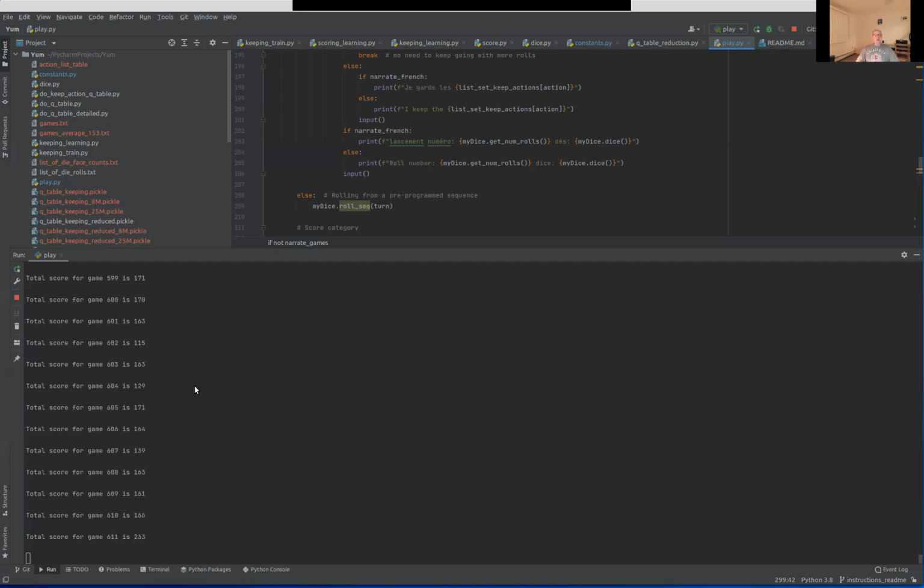And you're not going to see the Q tables that are developed during the training on Git.